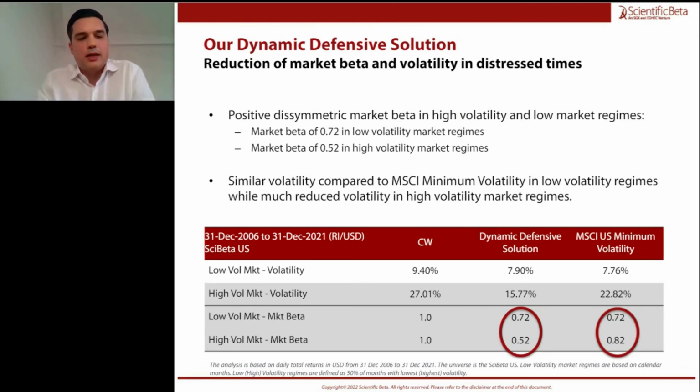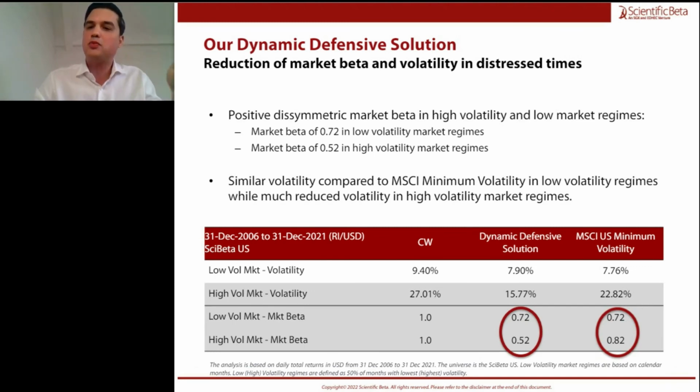For example, if you focus at the lower part of the table, we split the market beta calculation to the periods where we have a low volatility market, so returns are of low vol, and a high volatility market, returns are of high vol, we are probably in a crisis or some distressed market, etc. What happens with the dynamic defensive is that it's able to reduce the market beta in those periods where volatility is high.